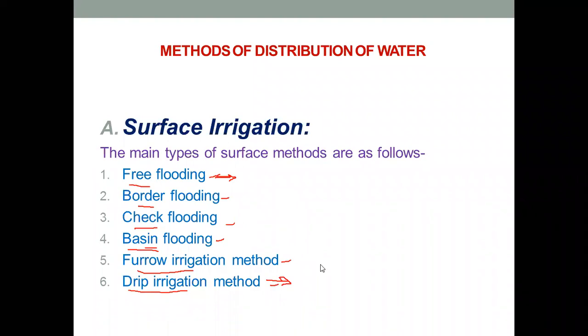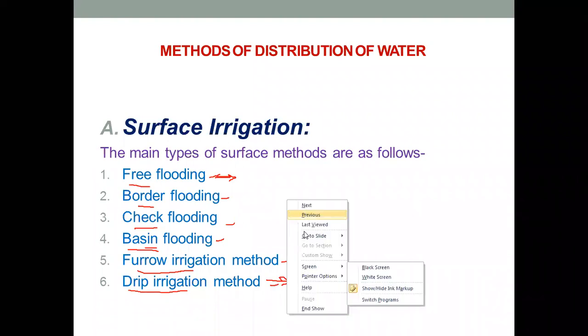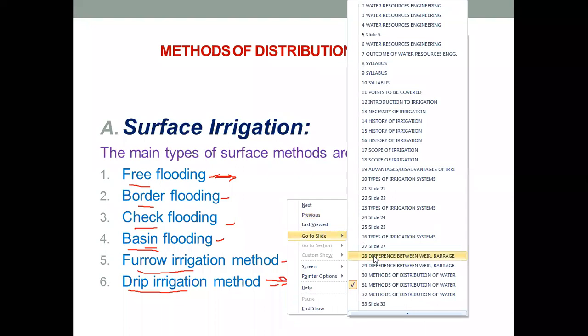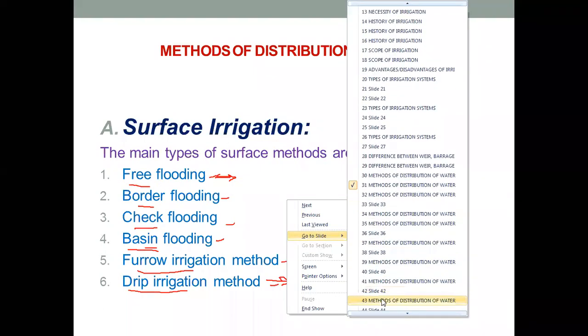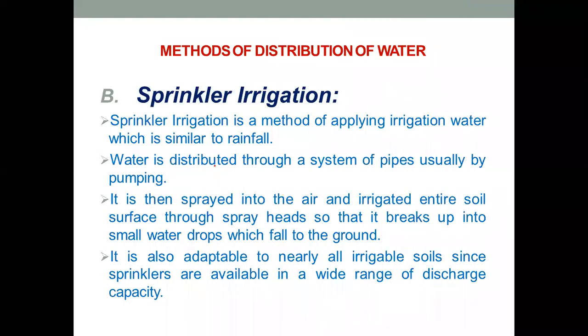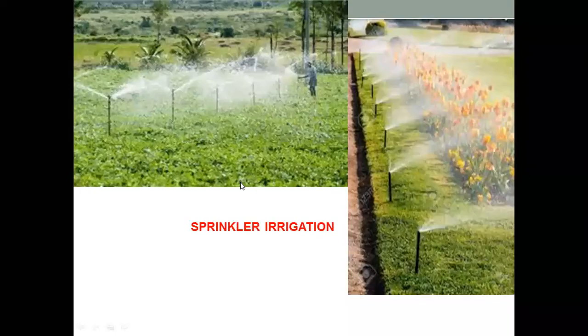We'll go to the sprinkler irrigation method. So let's start with the sprinkler irrigation method. First, I'll show you the images by which you can easily identify what is meant by sprinkler irrigation method. So basically, what is a sprinkler irrigation method?